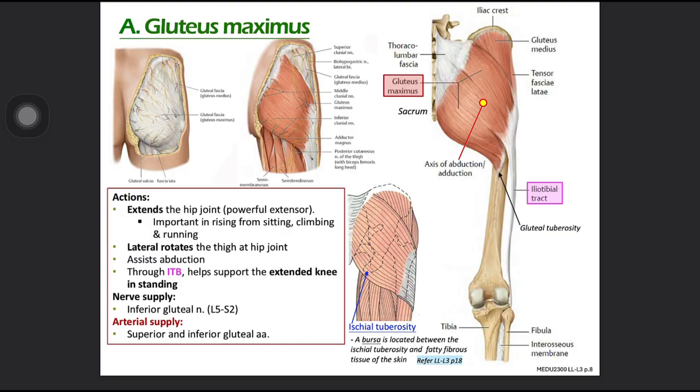Okay. So now we focus on the Gmax, which is the largest and the most superficial muscle of the gluteal region. Functionally, it is a powerful extensor of the hip joint, and it becomes especially important in movements such as rising from the sitting position.